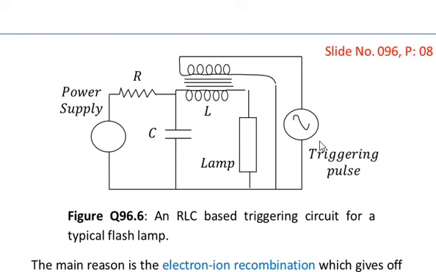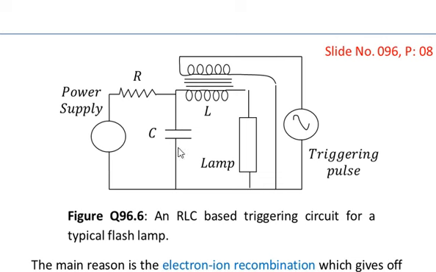So the triggering pulse is given so that the capacitors, that is the bank of capacitors, could be discharged through the flash lamp when the triggering pulse is received at this coil. So R is actually the resistance and capital L is the inductance.